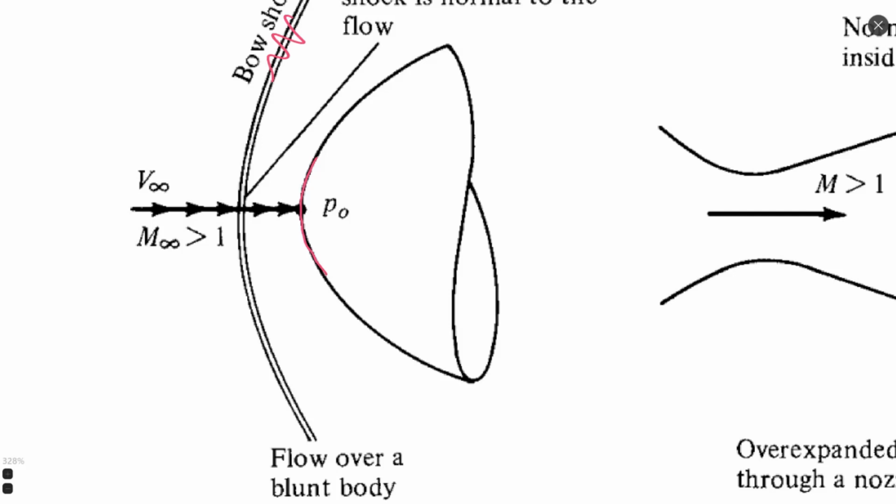Imagine that this shock wave is not here for now, because when we start to fly, there is no shock wave, then it forms after some time when we accelerate, right? We always start to fly from the subsonic case. There is no shock wave. What happens in this case? We start to have flow around our body like this, and on the other side, the same thing.